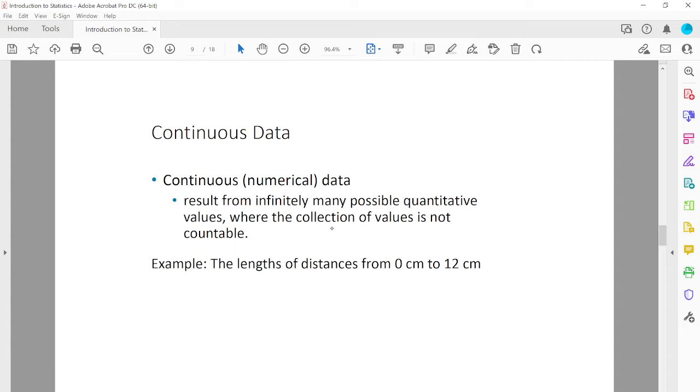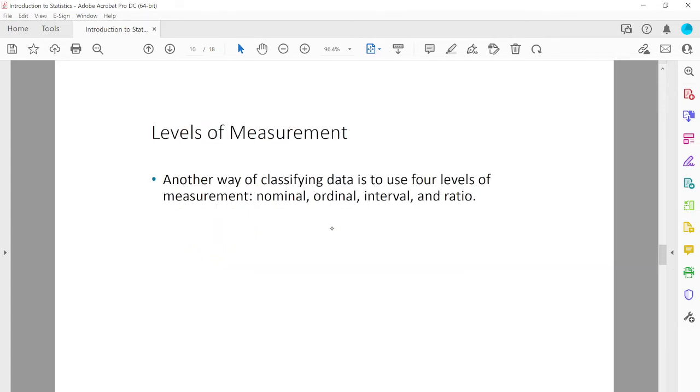It results from infinitely many possible quantitative values, where the collection of values is not countable. For example, the length of distance from 0 centimeters to 12 centimeters. How many distances are there? There are so many. You can have a distance from these two points, these two points, and that's infinite. That's why it's continuous.